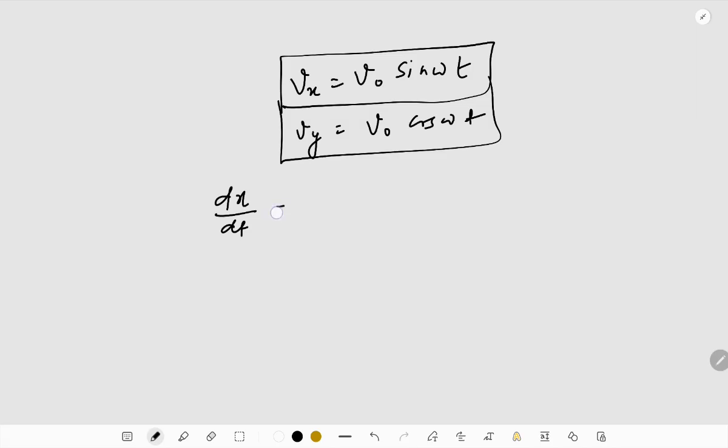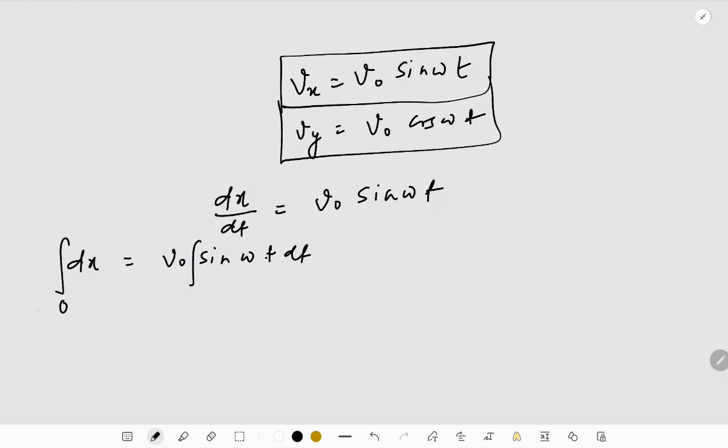From Vx, we can write dx by dt equal to V0 sin omega t. So I can write one more step here: dx equals V0 sin omega t dt. And we need to integrate it. x starts from 0 and goes to some x, and t is 0 to t.